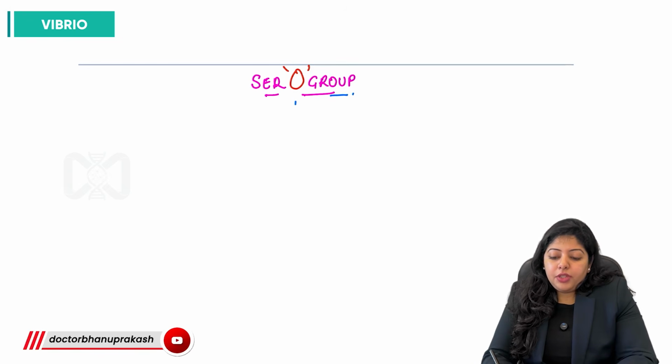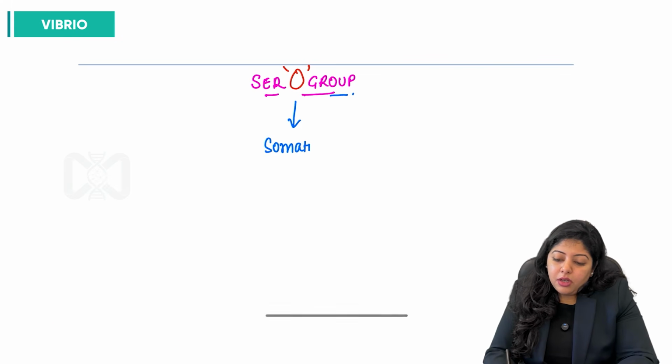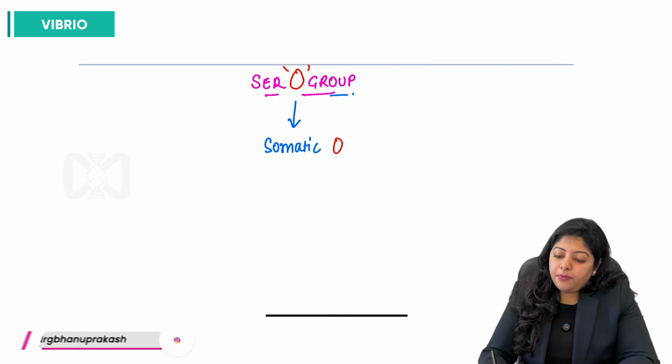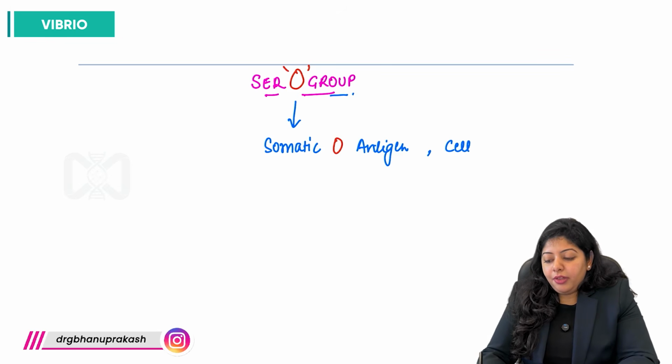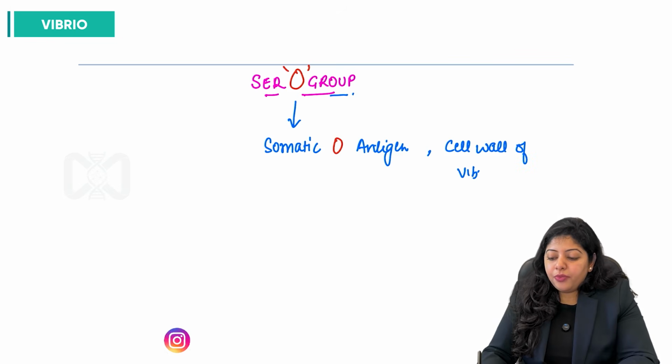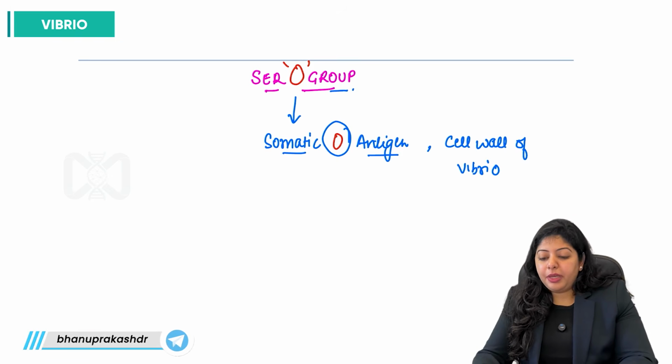The antigen we have here is the somatic O antigen, which comes from the cell wall of Vibrio, right? So we are using somatic O antigens for serogrouping.